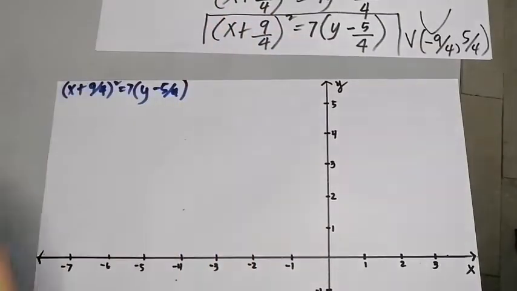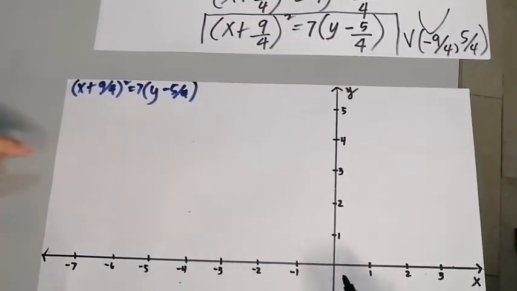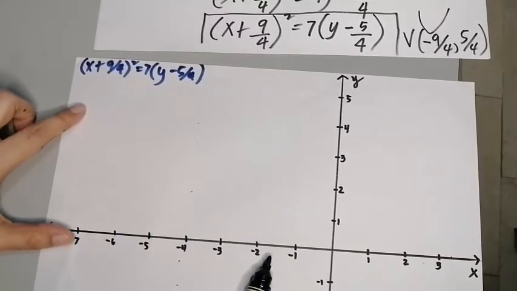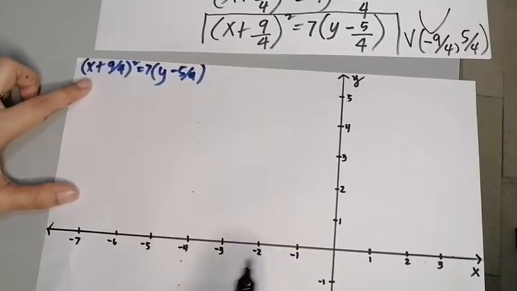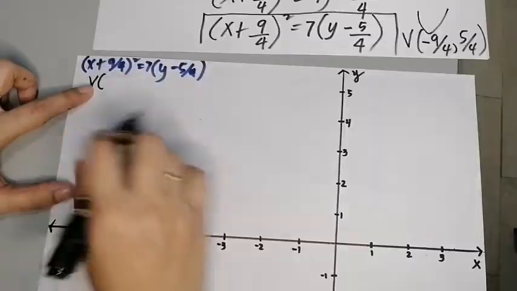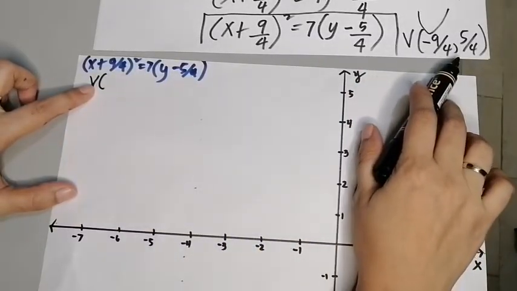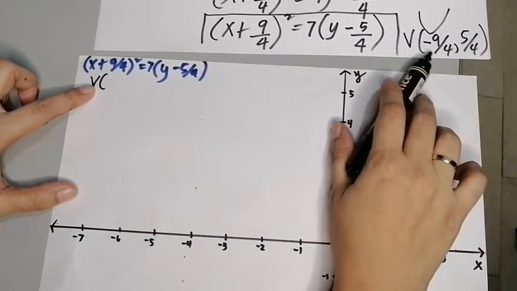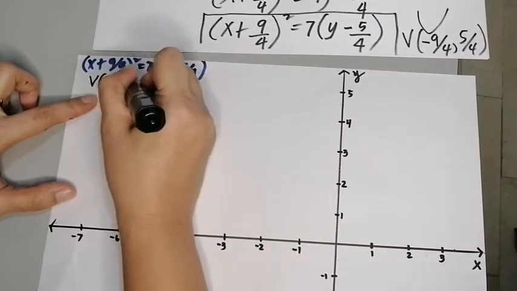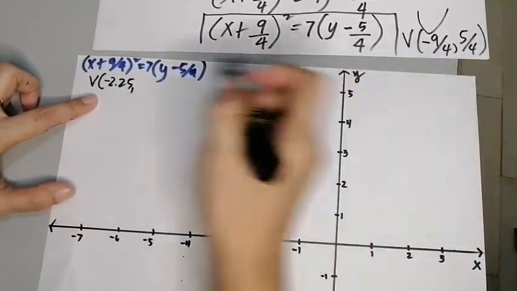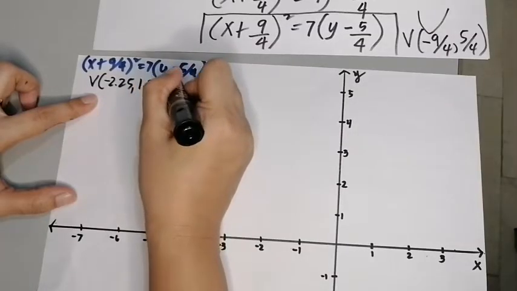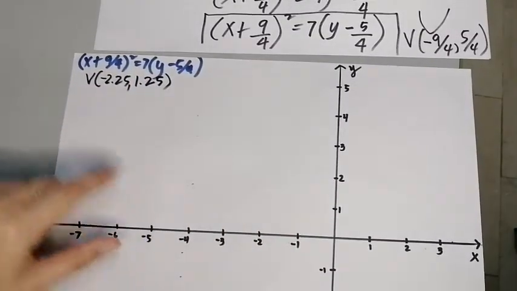And the vertex, in order for us to plot the point, we can write our vertex as decimal. So the vertex is negative 9/4 and 5/4. Negative 9 divided by 4 is negative 2.25, and 5 over 4 is 1.25. So that's our vertex. So we can plot that point.